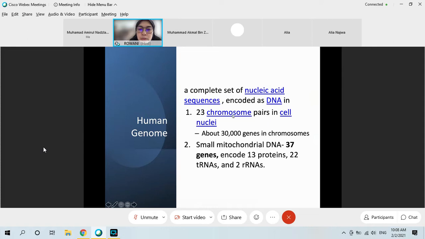There are 23 chromosomes, and also the mitochondrial DNA. In your cells, there are mitochondria as suborganelles, and within them are mitochondrial genomes that encode about 13 proteins and non-protein products such as transfer RNA and ribosomal RNAs, which are important for regulation of DNA transcription and other functions.